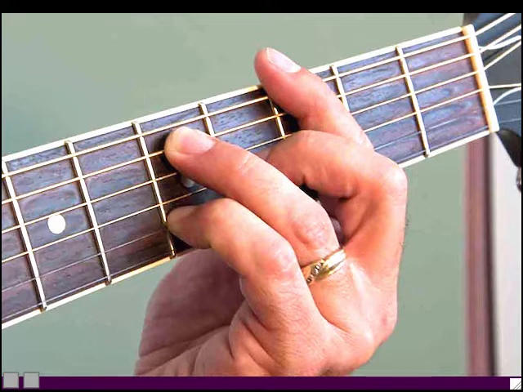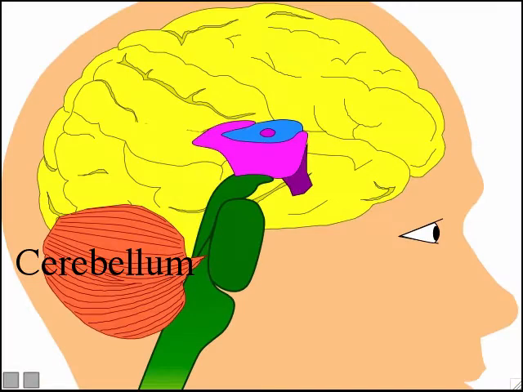And at first I had to really think about it quite hard to make sure my fingers were in all the right places. But then after a while, it started coming more naturally. I would just sort of think of a C chord, and it's almost as if my fingers knew exactly what a C chord was supposed to be, and they would almost automatically go right into the proper place by themselves. And so that's the type of thing that's muscle memory. And yes, your muscle memories are stored inside your cerebellum.